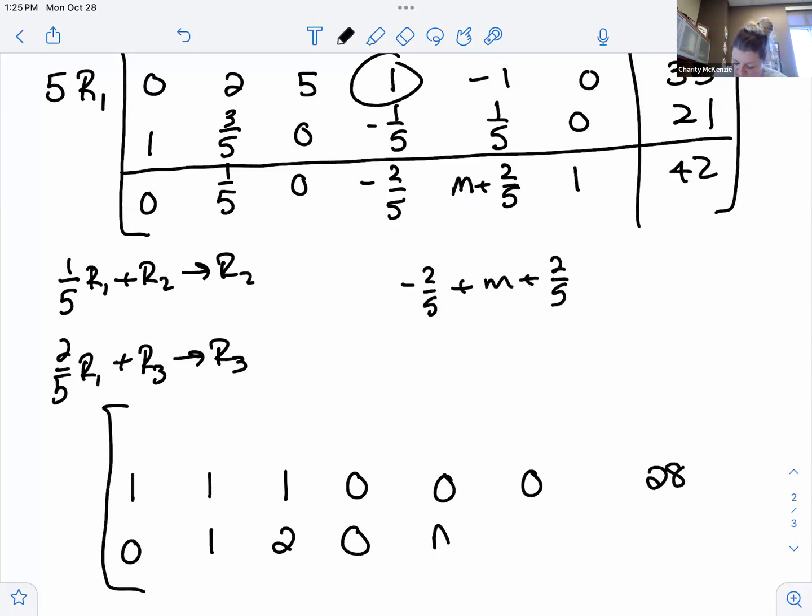So the 2/5 cancel and I just have the m left for that one. This one's a 1. 35. Okay, so 35 times 2/5 is going to be 14. So 14 plus 42 is 56. Here. And then that top row is a 0, a 2, a 1, a 1, a negative 1, a 0, and a 35. And we're done.